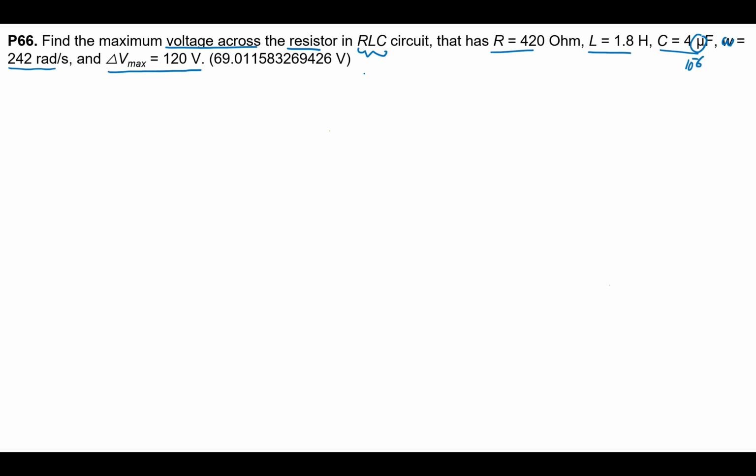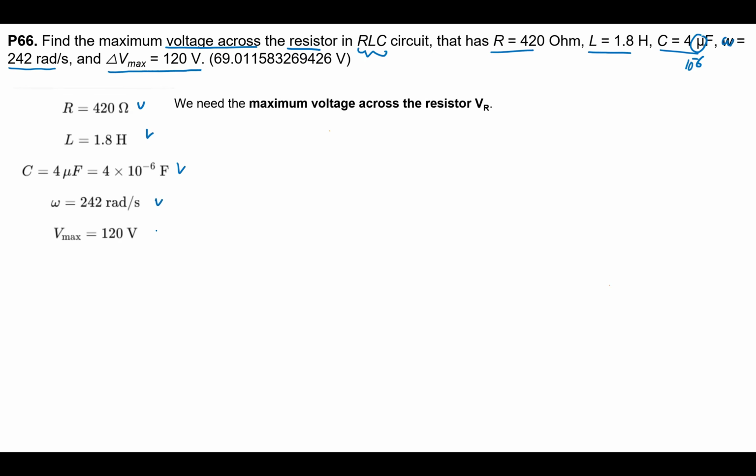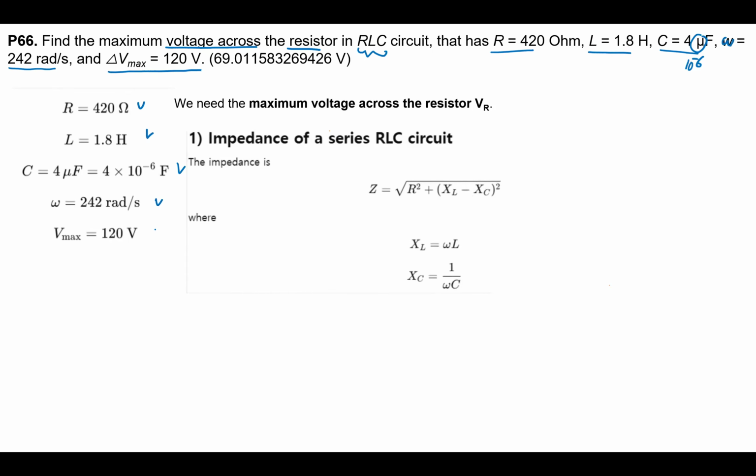Okay, so what do we have? R, L, C, omega, and the maximum voltage. And we need the maximum voltage across the resistor. To do that, we have to come up with the current.